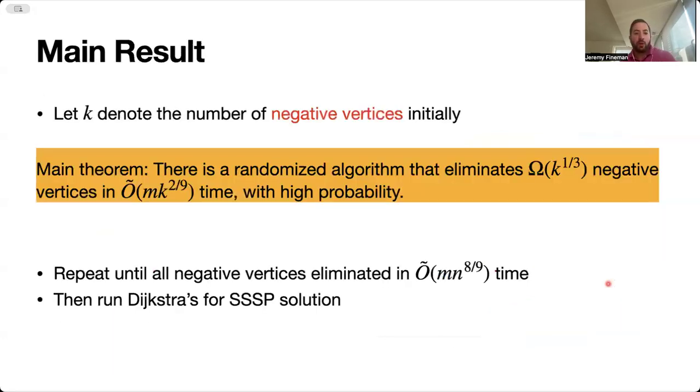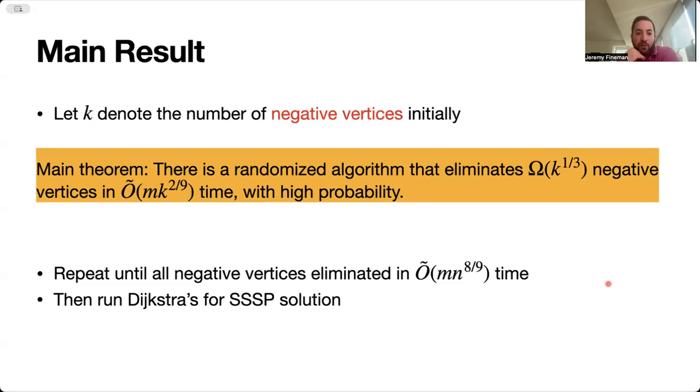Here's the main result of the paper. Consider a graph with k negative vertices initially. Then I claim that there's a randomized algorithm that eliminates k to the 1/3 of the negative vertices, and it does so in time m times k to the 2/9.